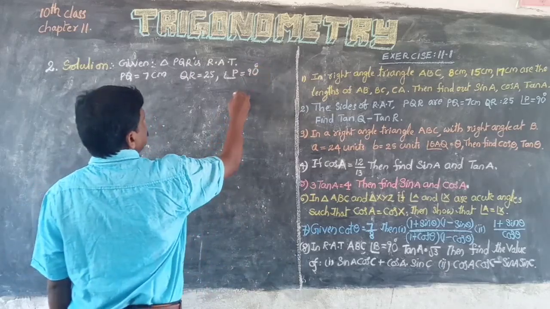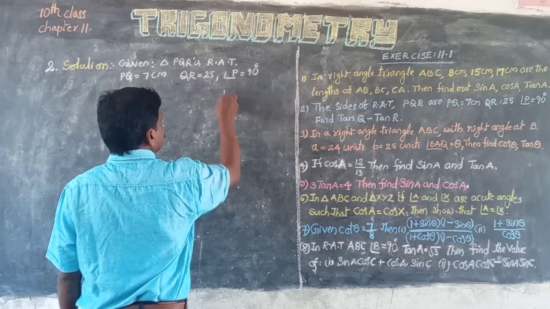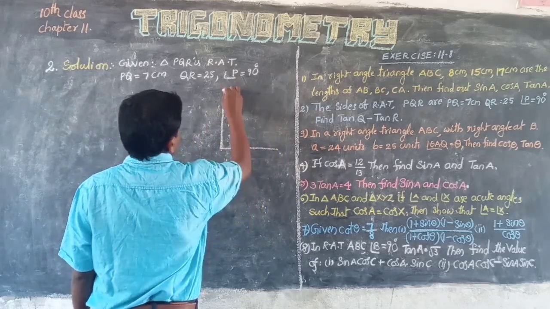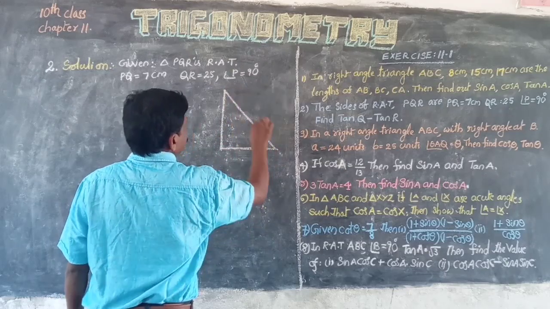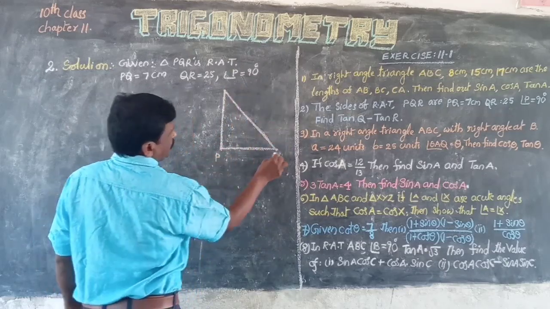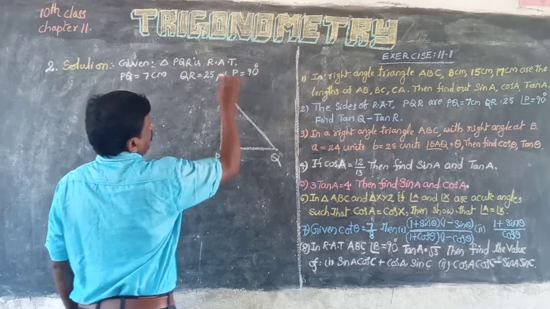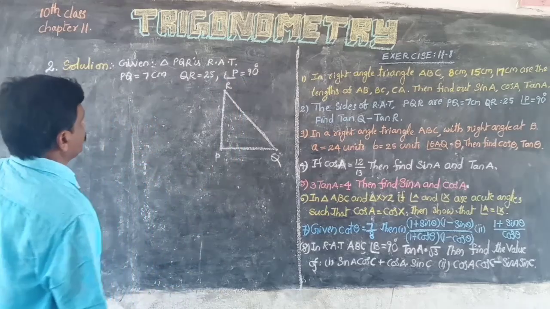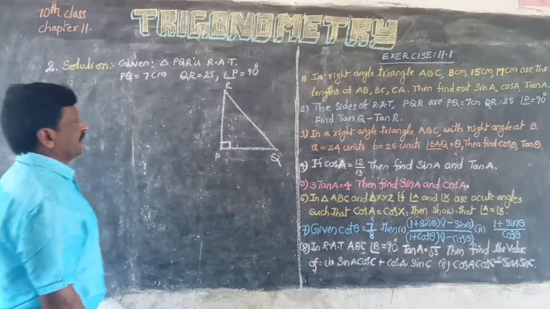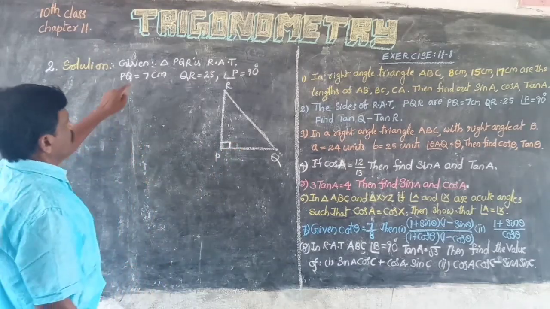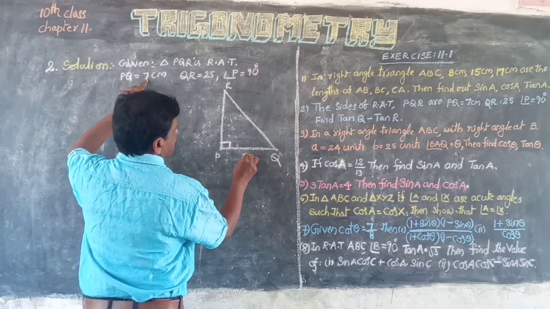So, P, Q, R. This is a right angle triangle with 90 degrees at P. PQ is equal to 7 centimeters.